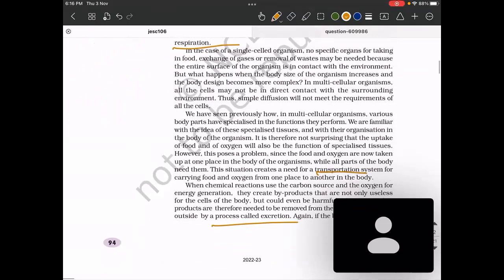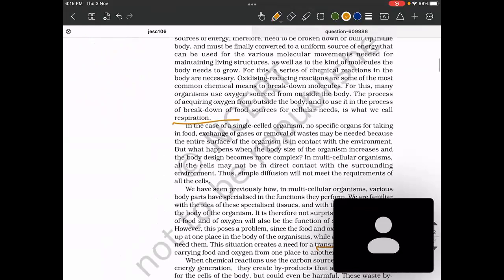Very good. And then respiration. What is the importance of respiration? It breaks down glucose molecules to produce energy. Okay, glucose molecule, fine. What mode of respiration do we follow? Pulmonary respiration, aerobic respiration.